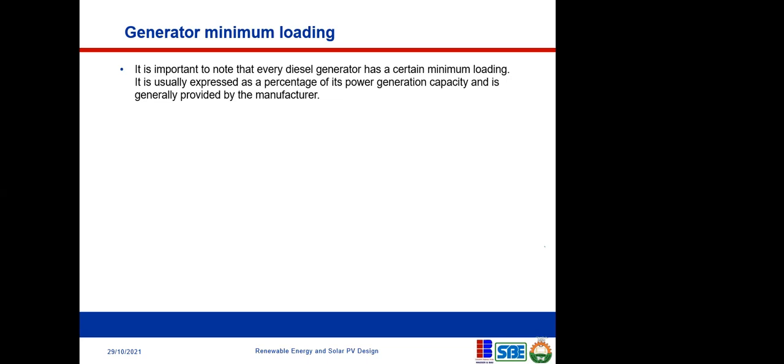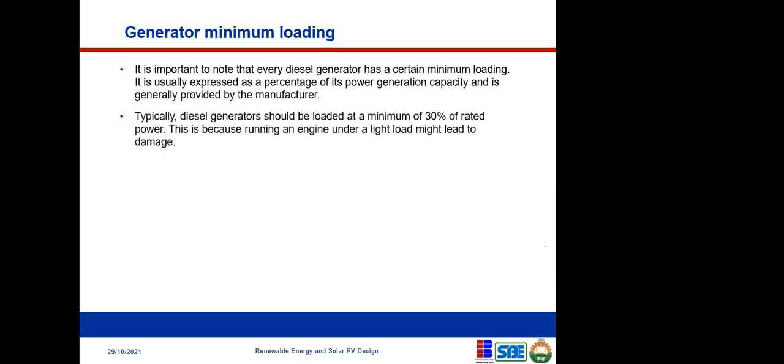Sometimes if you look at the data sheet or the manual that comes with the generator, in some cases they will tell you this is the minimum load that this generator should operate on. So typically, generators should be loaded at a minimum of 30% of their rated power. This is because running an engine under a light load might lead to damage.